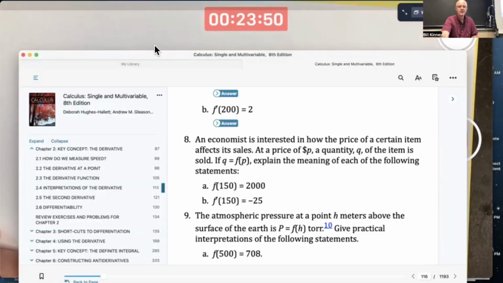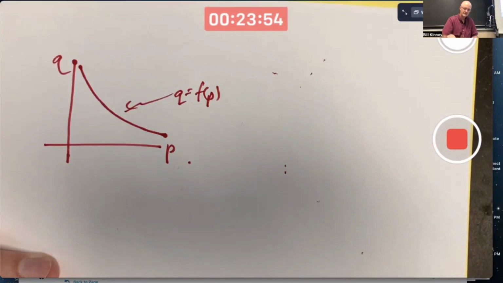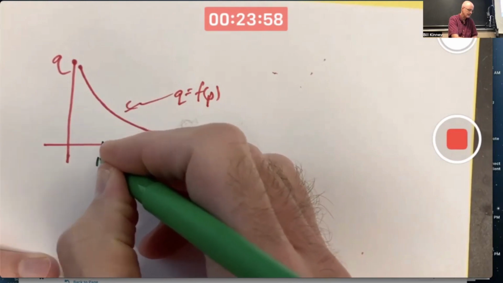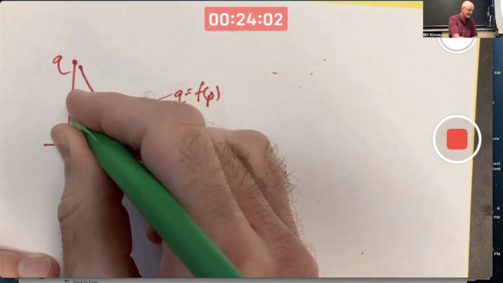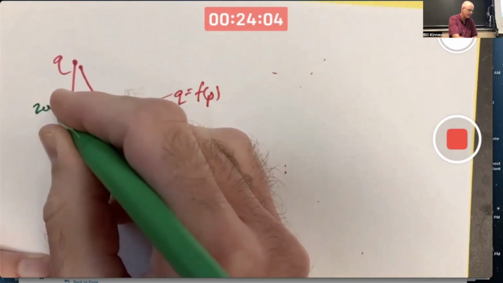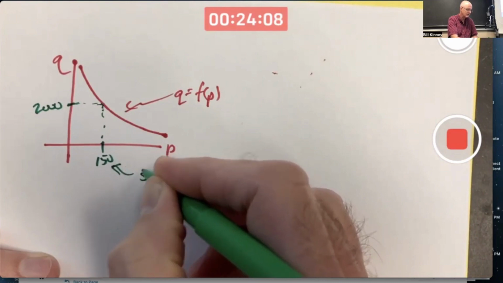f of 150 equals 2,000. When the price is 150, the quantity sold is 2,000. The scales on these axes are not the same. This 150 is in dollars.